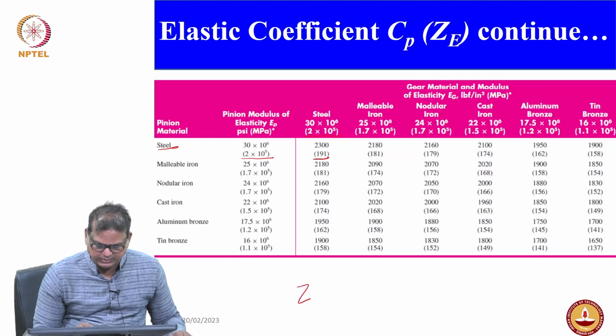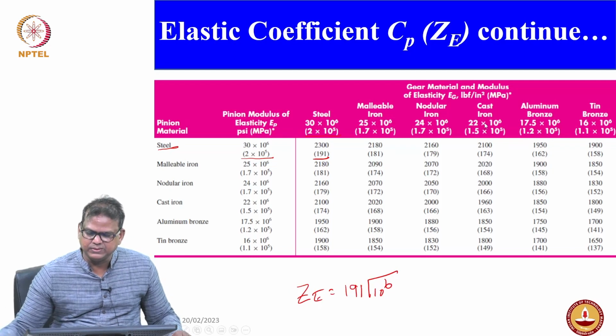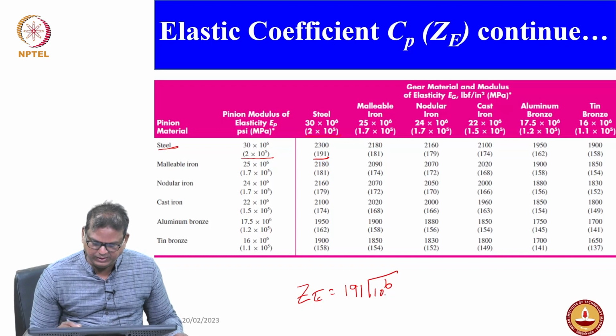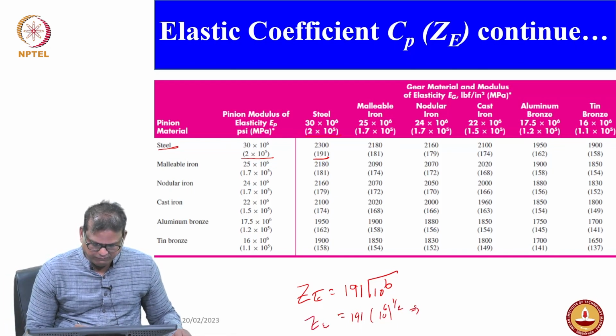So, ZE equal to 191 square root of 10 power 6. Look at this, the star is given. If you substitute within the equation, this is what you will get. So, 191 square root of 10 power 6, that is the value you would expect for ZE. Okay.